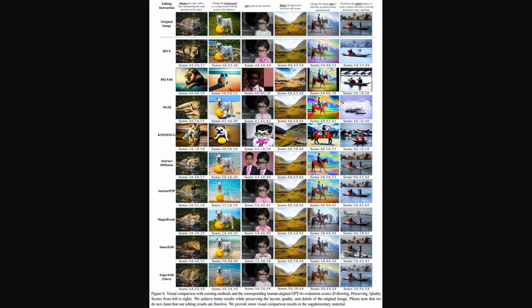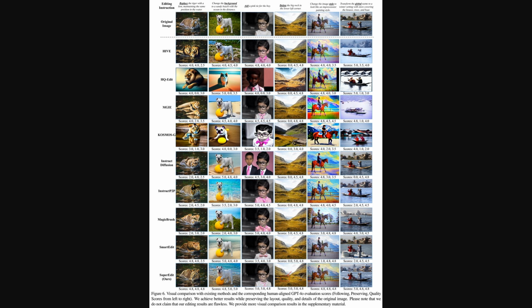Alright, so after seeing how SuperEdit fine-tunes its understanding with those contrastive instructions and the triplet loss, Figure 6 really brings it home with a visual bake-off. We're looking at several editing tasks here, like replace the tiger with a lion, or add a pink tie for the boy. Each column shows the original image, the instruction, and then results from a bunch of different methods, with SuperEdit's attempt right at the bottom.